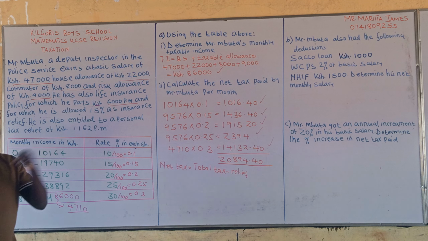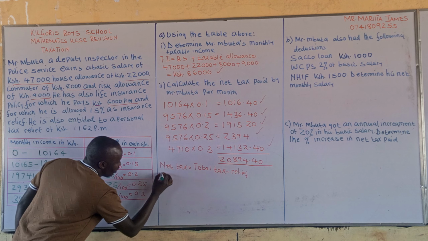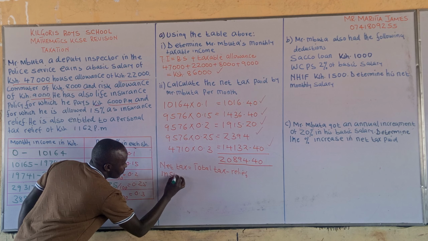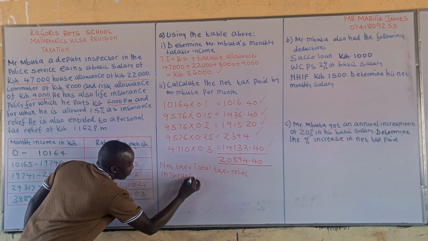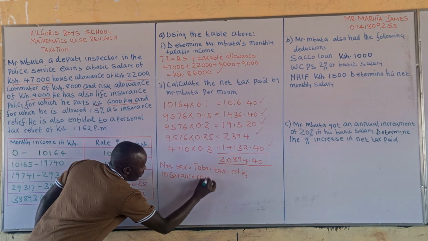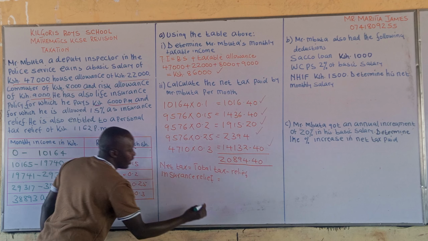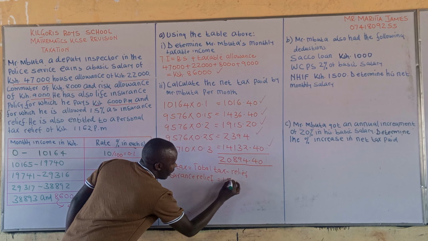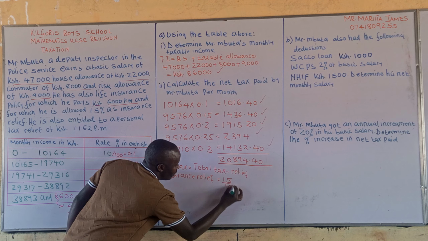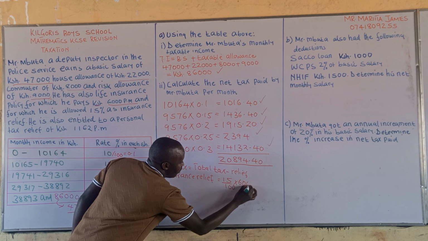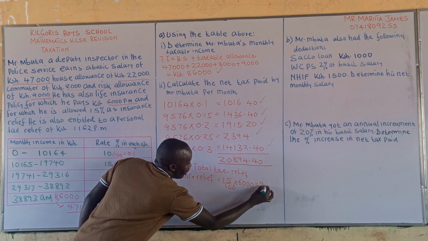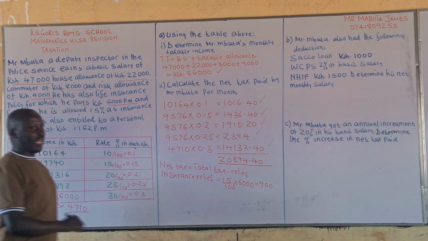In this case, we have two reliefs. One is the insurance relief. The insurance relief is 15% of 6,000, and 15% of 6,000 is equivalent to 900.